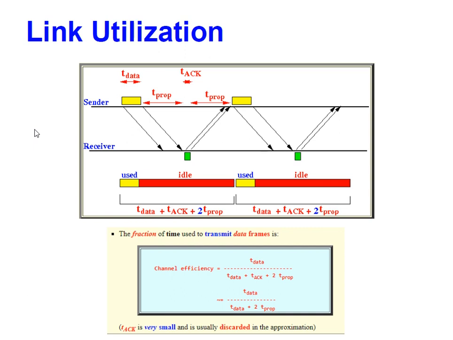So what exactly does this figure mean? You can see this is the sender. The sender wants to communicate with the receiver, shown in the vertical way. So this is a data packet. Once it starts from here to reach here, this is the time duration of the data.